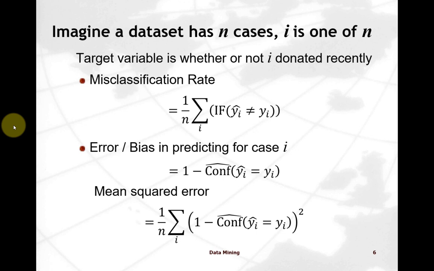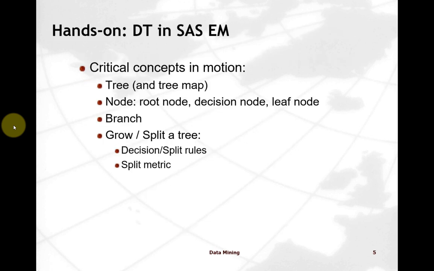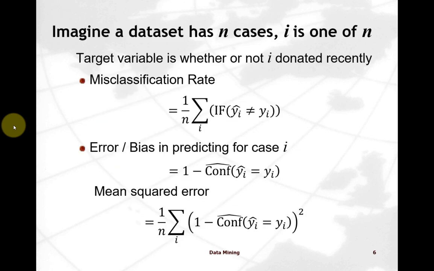Versus the misclassification rate, it's very simple to explain. It's simply the percentage of mistakes it makes across all the samples. So that's easier to explain. Right, so it gives you different flavors. Sometimes the tree is the same. Sometimes the tree will be different under each metric.